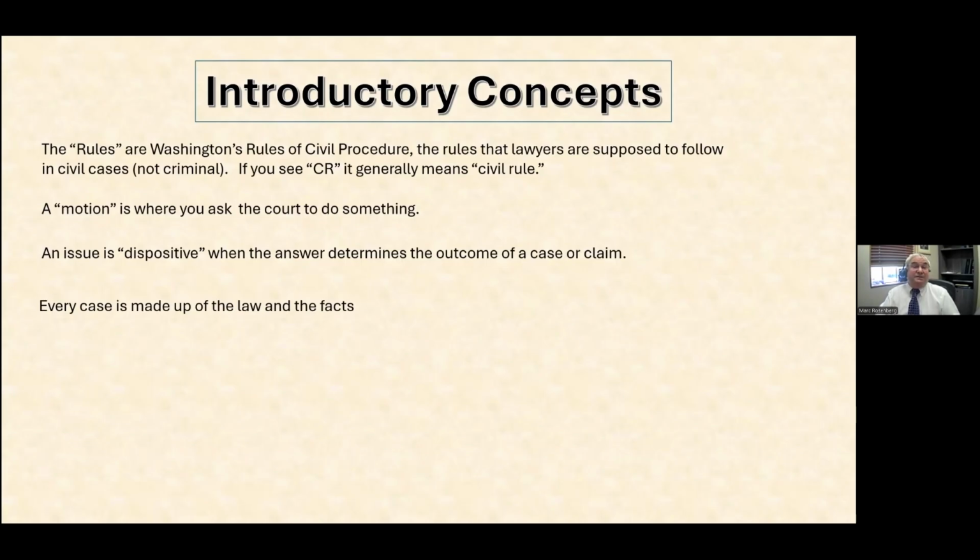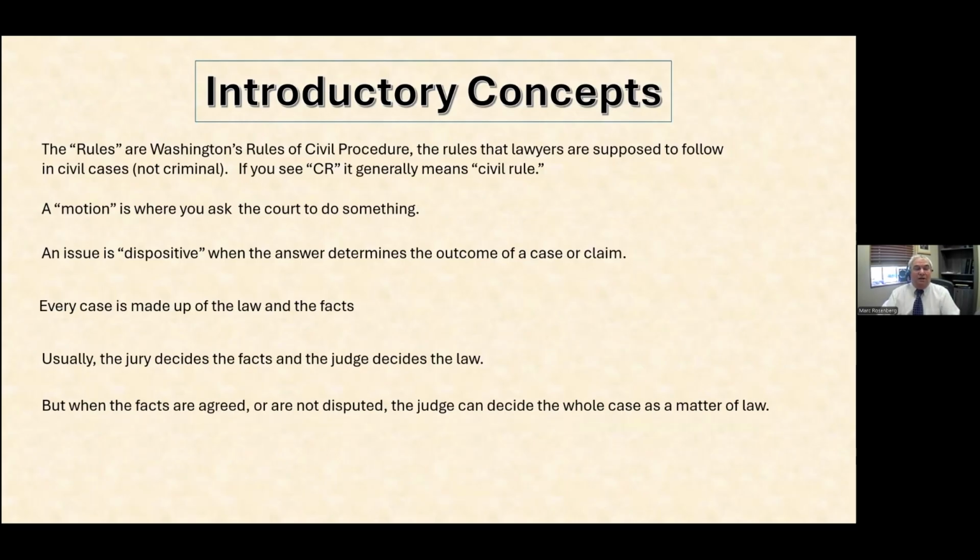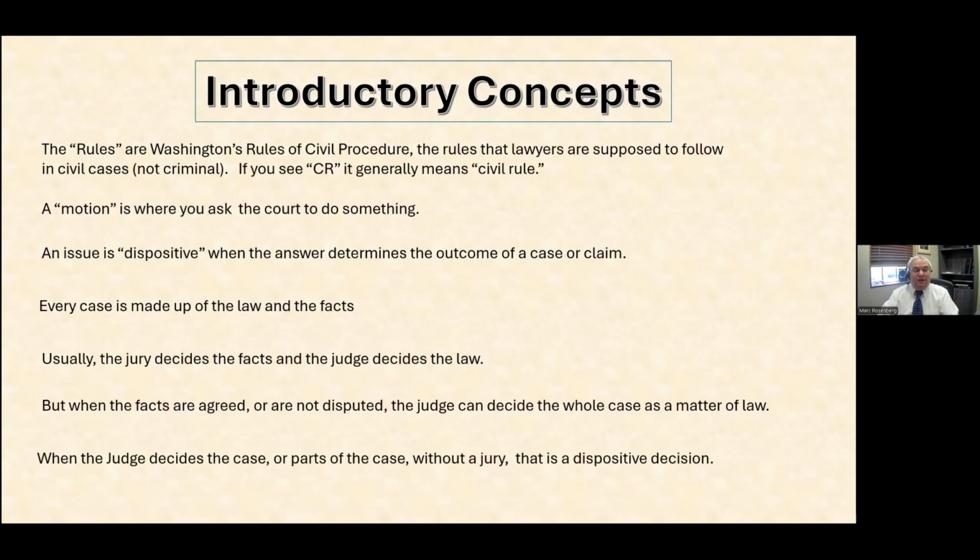Now, every case is made up of two things. It's got the law on the one side and facts on the other. And usually a jury will decide the facts and a judge will decide the law. But when the facts are agreed, or at least not disputed, the judge can decide the whole case as a matter of law. And when the judge decides the case or parts of the case without a jury, that is generally as a result of a dispositive motion.